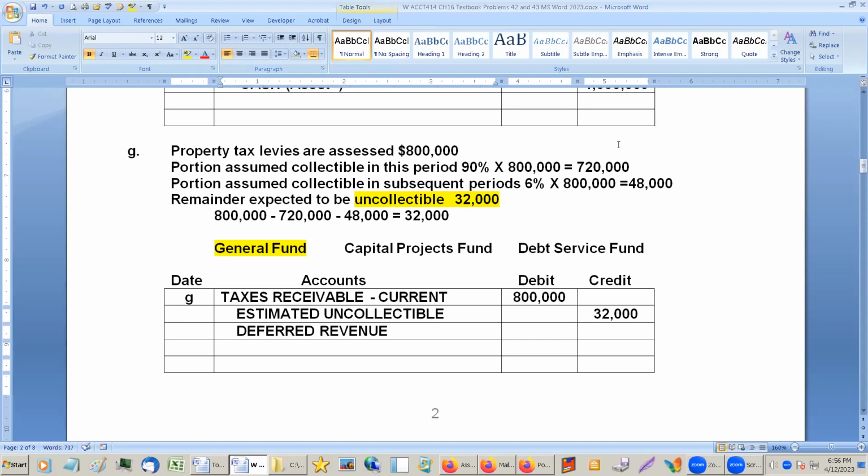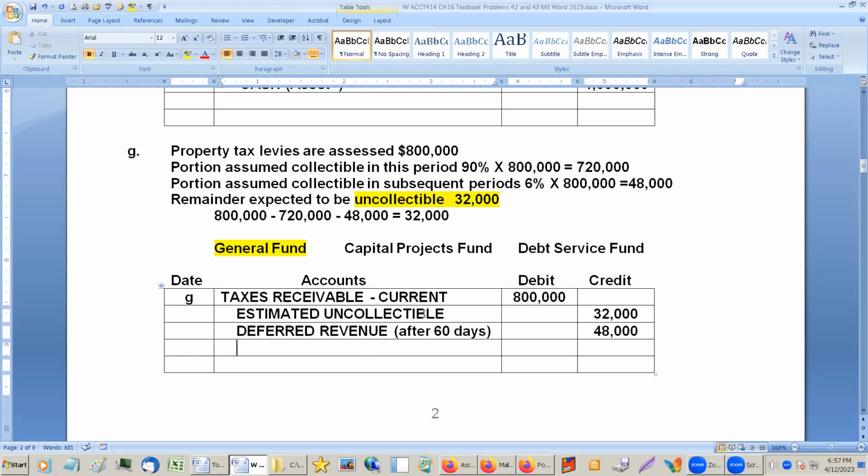Deferred revenue, that's the revenue we cannot use until subsequent periods. They don't tell us what year this is, but we can't use 48,000 of this in this year because it'll be collected after the 60 days. That's the end of the year.